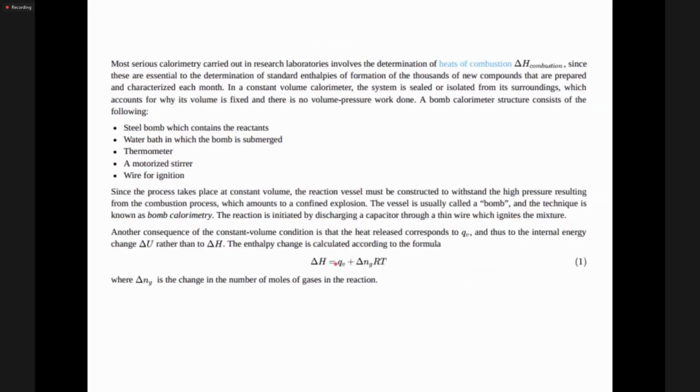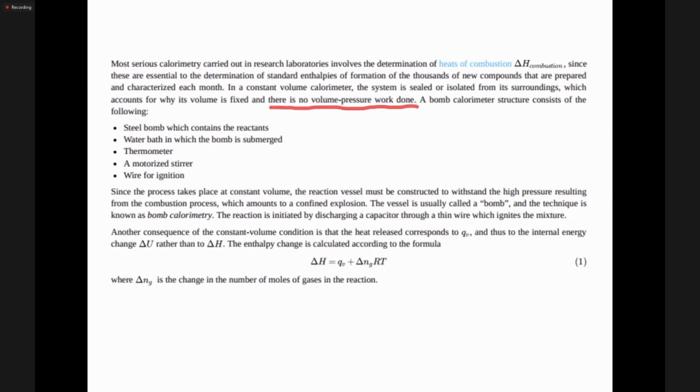And then if we calculate the heat of combustion, that is delta H combustion, it is very essential to determine the standard enthalpy of formation of thousands of new compounds. In that case, since the volume is fixed, there is no pressure-volume work done. So PV work will be equal to 0.